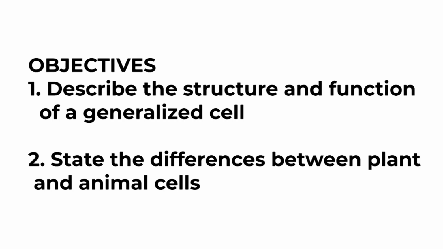Objectives for the day is to continue. By the end of the lesson, you should be able to describe the structure and function of generalized cells. You should also be able to work out the differences between plant cells and animal cells. 2 main objectives.